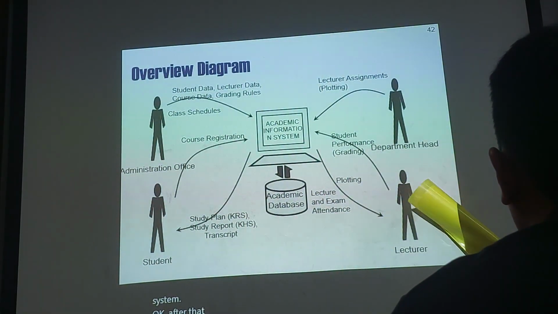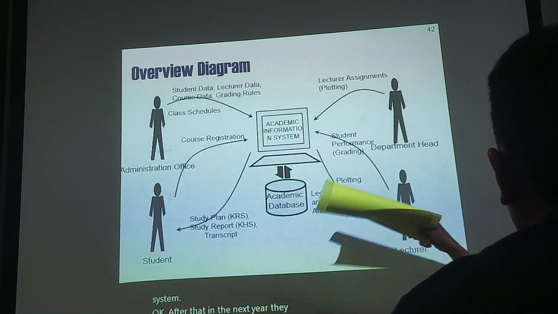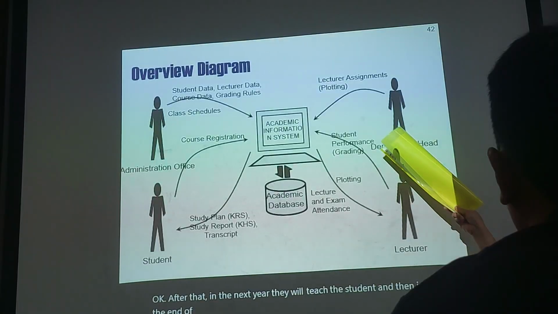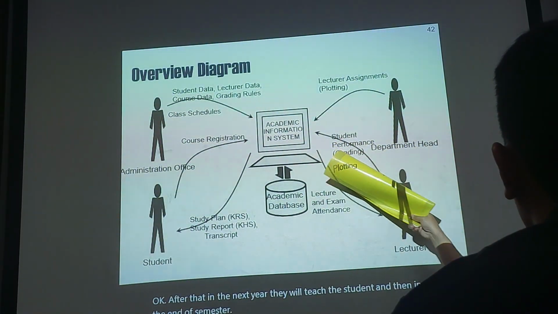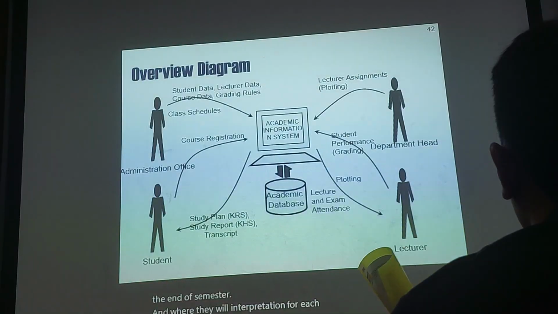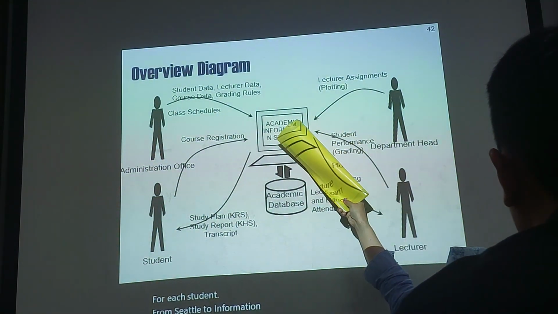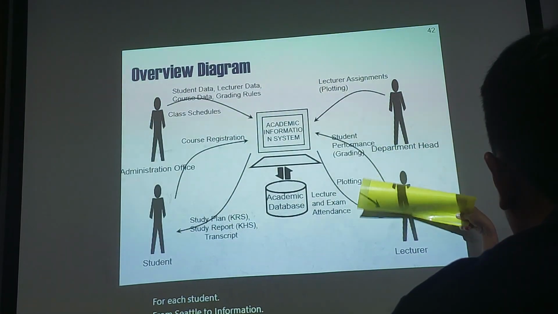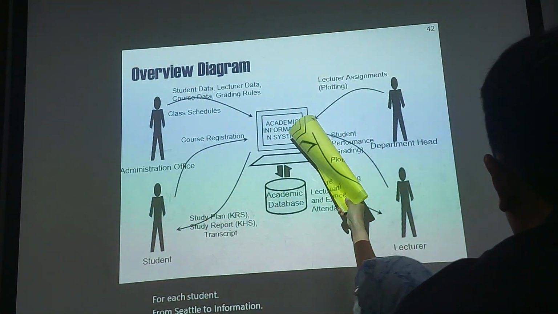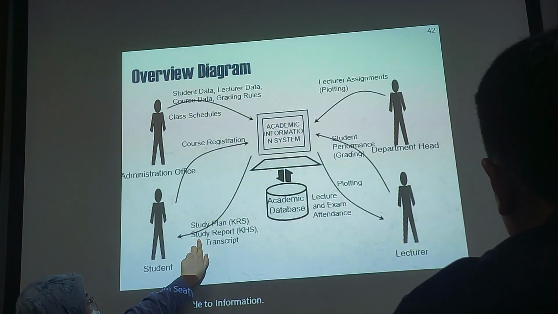After that, the lecturer will teach the students, and at the end of the semester they will input the grading for each student. They input from SIAD to the information system. After the lecturer inputs the grades, the score, the student will receive their study report.